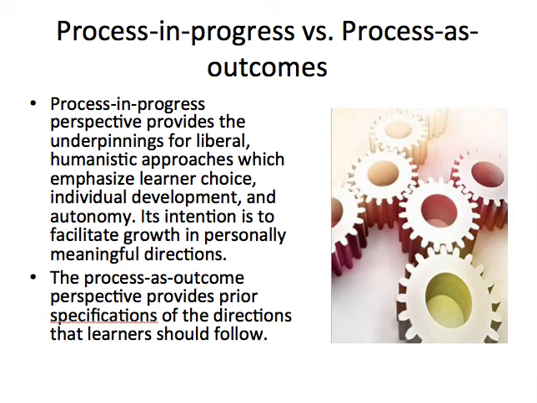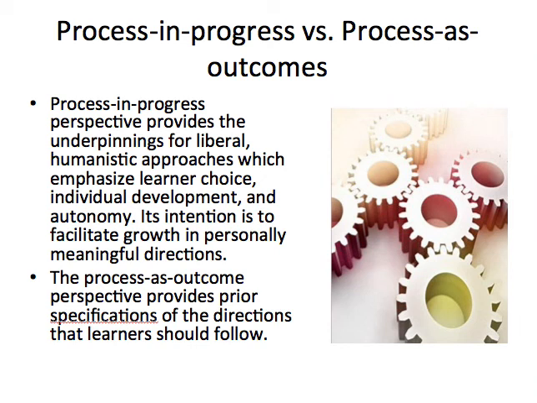So if we look at process in progress, it provides a perspective which is the underpinning for liberal humanistic approaches, and these emphasize learner choice, individual development, and autonomy. And it's the intention to facilitate growth in personally meaningful directions.